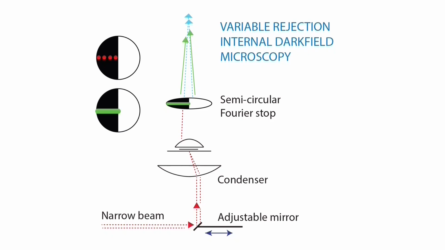As the pencil angle is adjusted, there is a trade-off between background rejection versus image brightness, making this variable rejection internal dark field microscopy method suitable for general dark field imaging or transmitted fluorescence imaging. And in this case, there are no filters required.